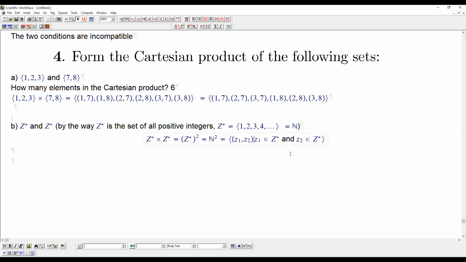This is a description of the elements that you get inside this Cartesian product. You're saying it's a set of tuples made of two elements, z1 and z2, such that the first element is an element of Z plus and the second element is an element of Z plus. All right.